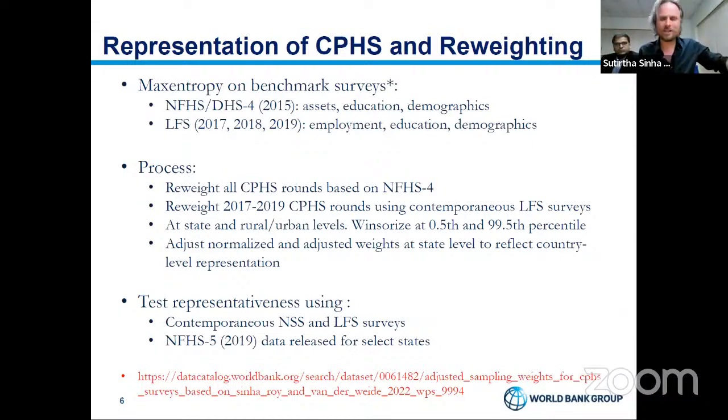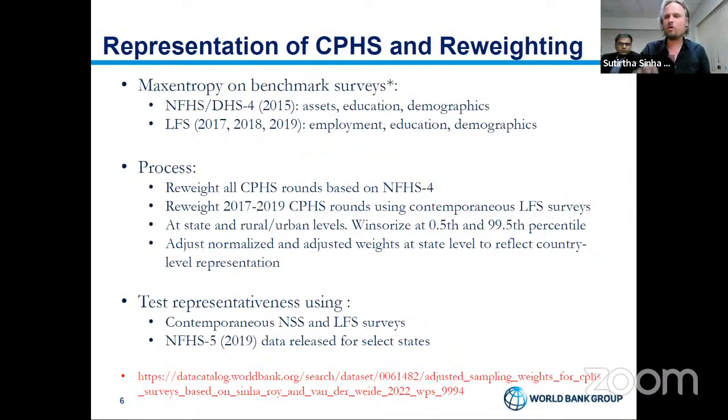We then use those benchmark surveys, which are assumed to be nationally representative, and those benchmark variables to make adjustments to the sampling weights in such a way that at the state, urban, rural level, we're able to match the statistics for those target variables. Think of statistics on demographics, education, employment conditions, etc.